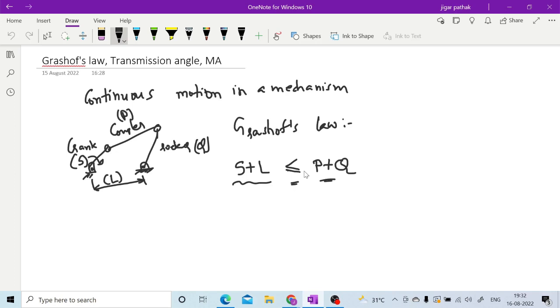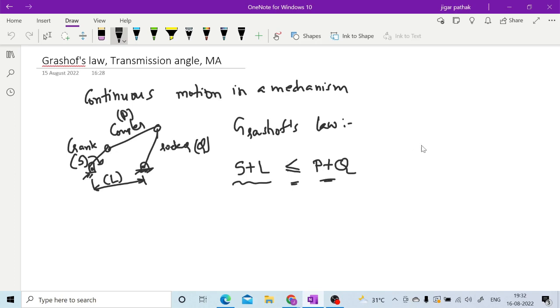Yes, sir. Okay, so as I have told you, Grashoff's law suggests that for continuous motion in a mechanism of this 4-bar chain, in order to have your crank as a continuously revolving member, with completely constrained motion, the sum of the shortest link and longest link must be less than or equal to the sum of the remaining two links, P plus Q. That is what Grashoff's law suggests.